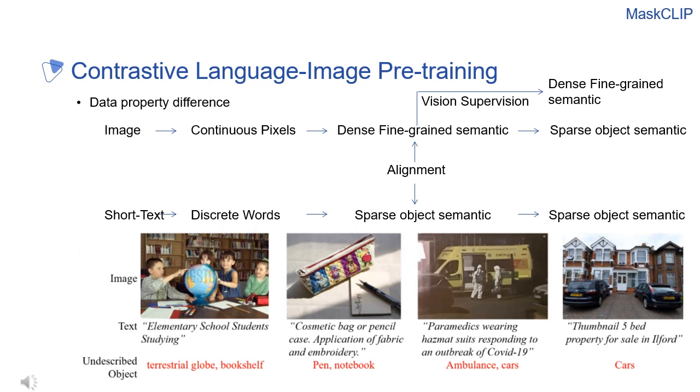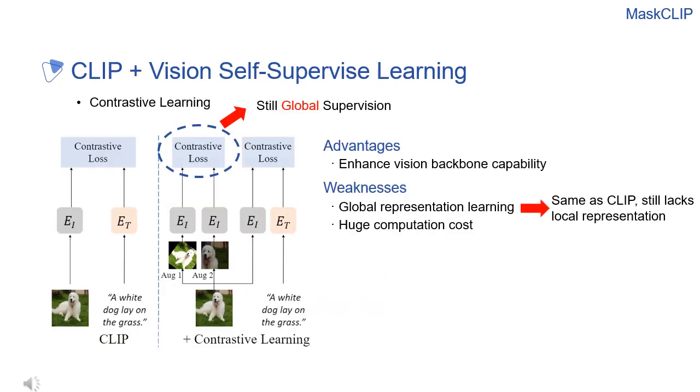In the following, we first discuss combining CLIP with different image self-supervised learning methods and then introduce our MaskCLIP. The first choice is image contrastive learning. The advantage of such a combination is that the vision encoder capability is enhanced, while it has two weaknesses.